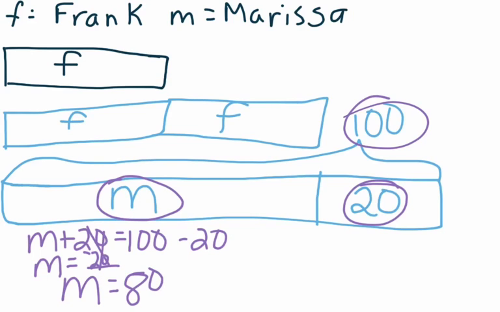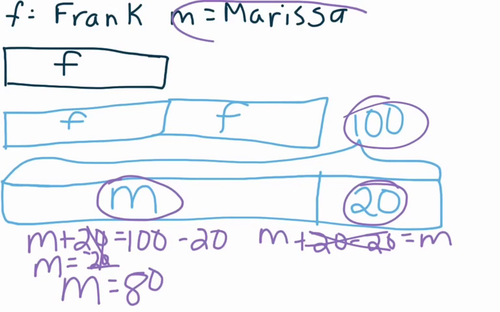The identities we have discussed through the module solidify that M plus 20 minus 20 equals M, because these two cancel each other out. What does the 80 represent? The 80 represents the amount of money that Marissa has.